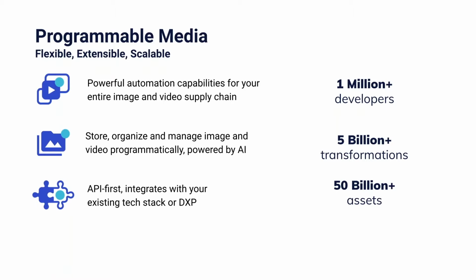And since we work with a wide range of companies across multiple industries with different tech stacks, we're built to integrate and play well with other systems. Now, there is certainly a lot more to programmable media. For those of you who are not familiar with the product, I'd highly recommend reading more about it. But for now, let's get started on those tips.